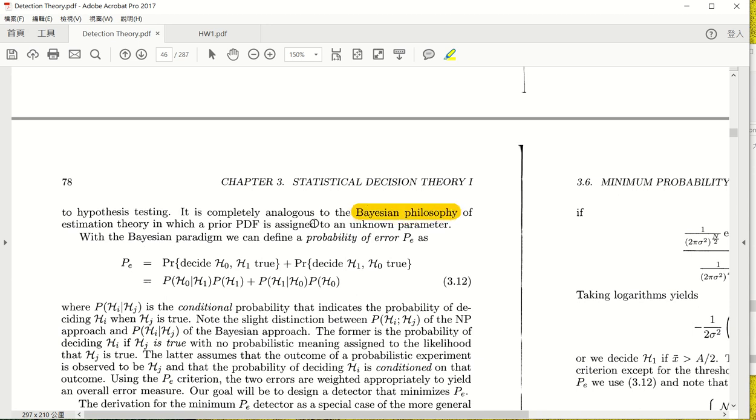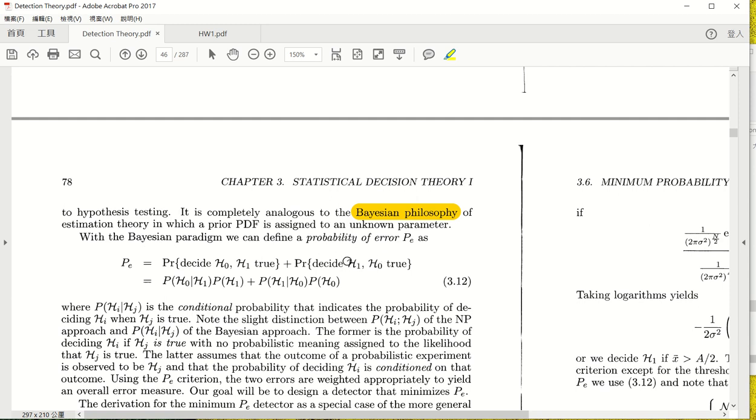The Bayesian philosophy in our probability theory tells us that the probability of error is that when H1 is true, you are making a decision for H0. Right? This is one type of error. The other type of error is when H0 is true, you're making a decision for H1.